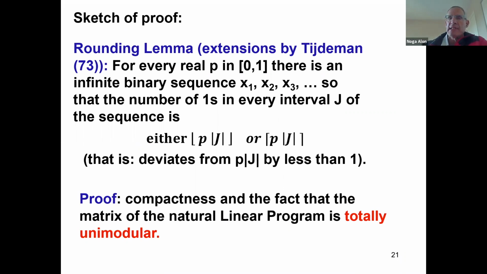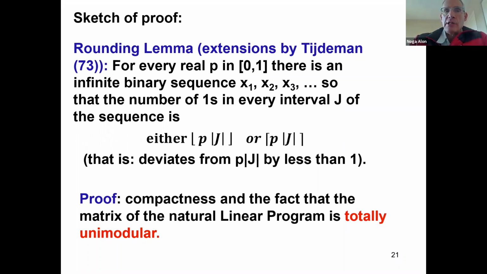Then the claim is that there is an infinite binary sequence of 0s and 1s, so that the number of 1s in every initial interval of the sequence is very close to p times the length of the interval.